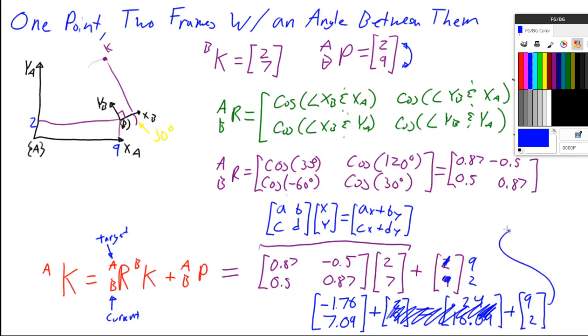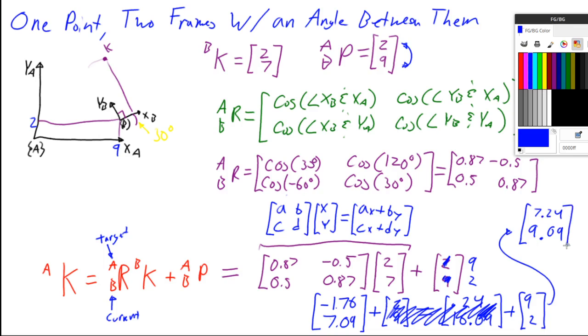So what's this come out to be? Hopefully this will look a little bit more right. So this is 7.24, and then we're going to have 9.09.